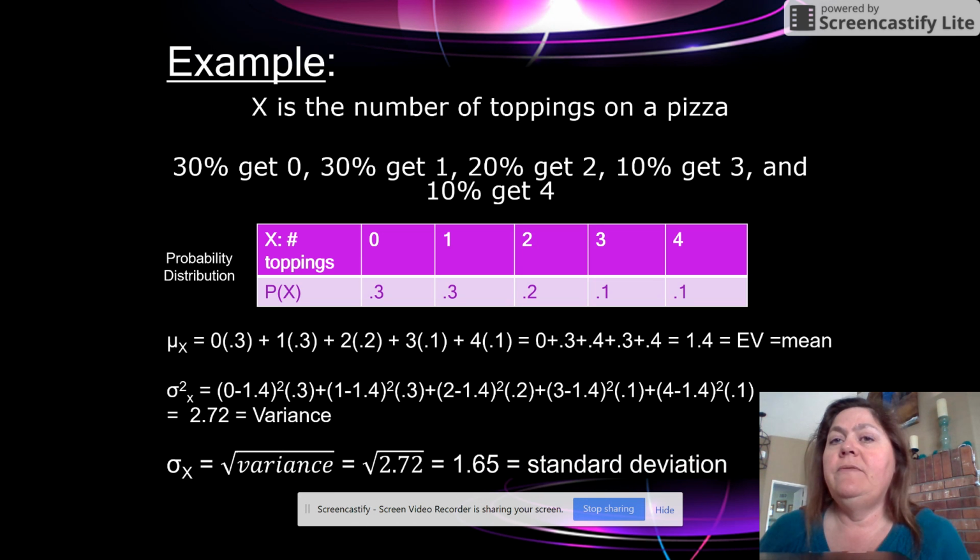And of course, then to find your standard deviation, you take the square root of that variance, 2.72, and you get 1.65. So our probability distribution has a mean or expected value of 1.4 toppings per pizza, but a standard deviation of 1.65 toppings, either direction. Okay.